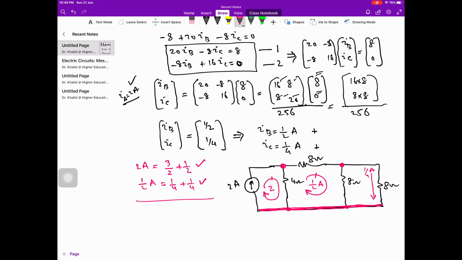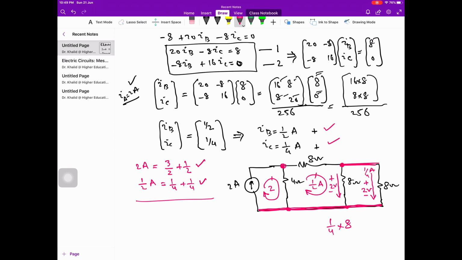Therefore, the polarity of the voltage drop is as shown, and we have 2 volts over here. The net current flowing downward is IB minus IC. So IB is 1 by 2 ampere, IC is 1 by 4 ampere. So the net downward current is 1 by 4 multiplied by the resistance. Again, the voltage drop is 2 volt.